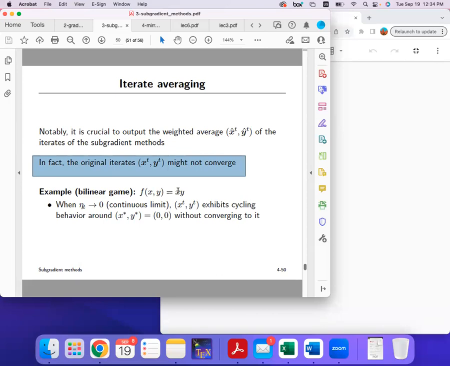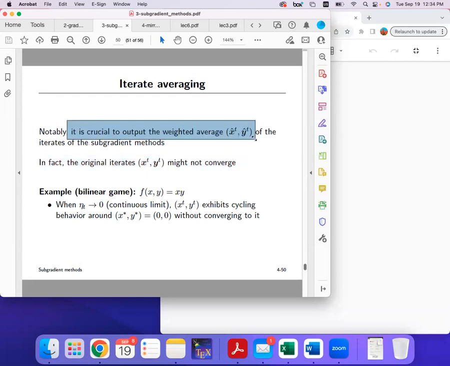It will keep wandering around the optimal point and never converge. But if you do this weighted averaging, these averaged iterates will converge to the optimal point.